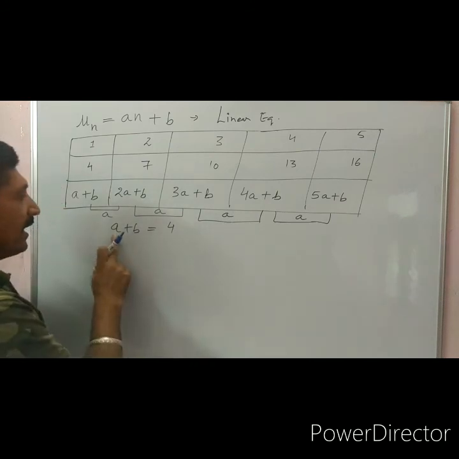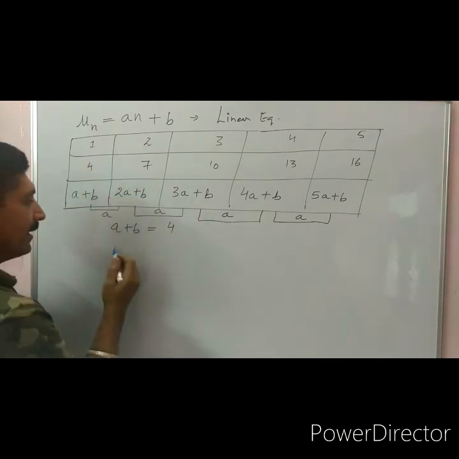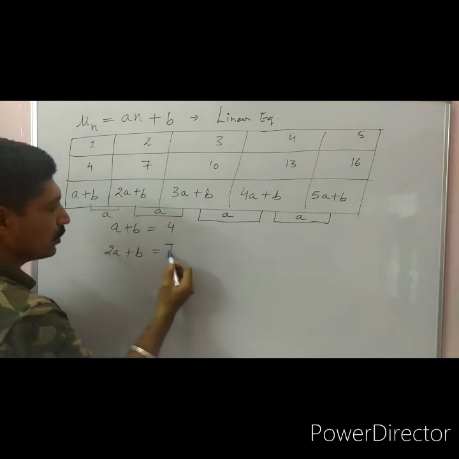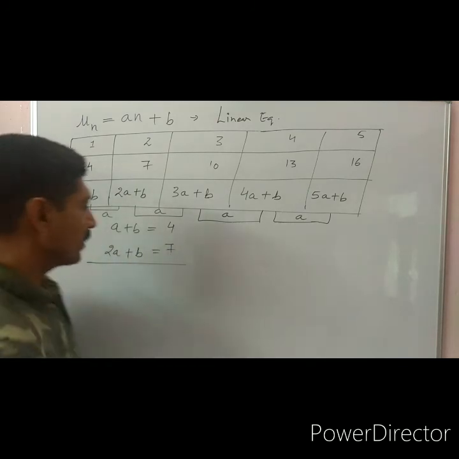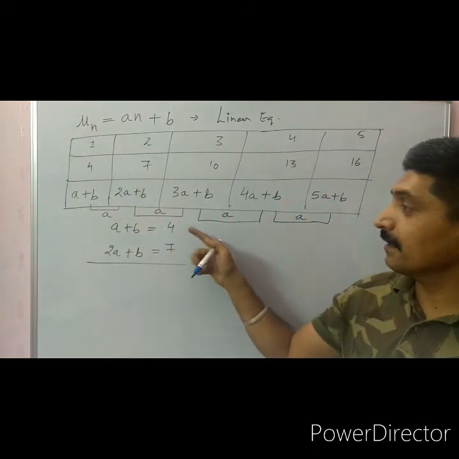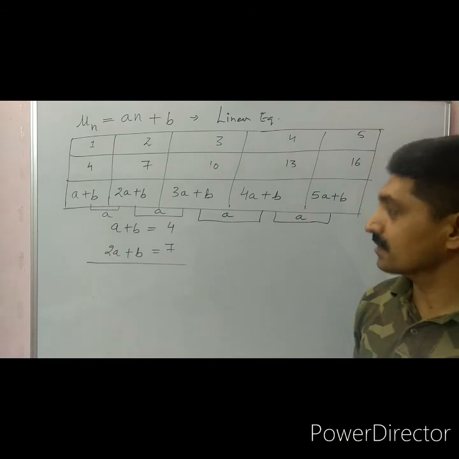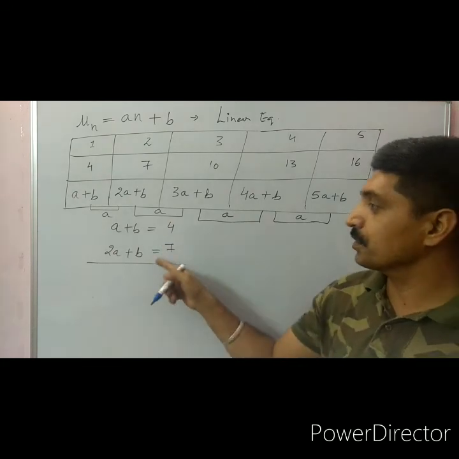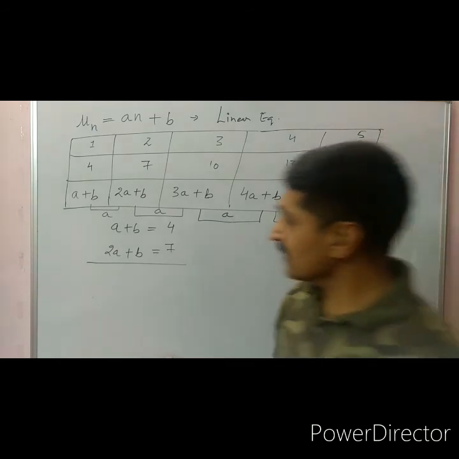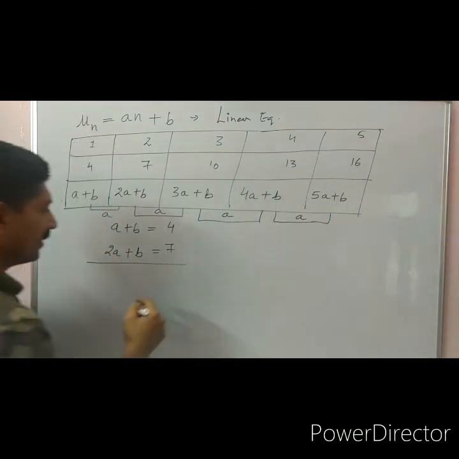So here a plus b is equal to 4, and twice of a plus b is equal to 7. So here we can find by solving this pair of simultaneous equations, this pair of linear equations. Here we can subtract one from another.